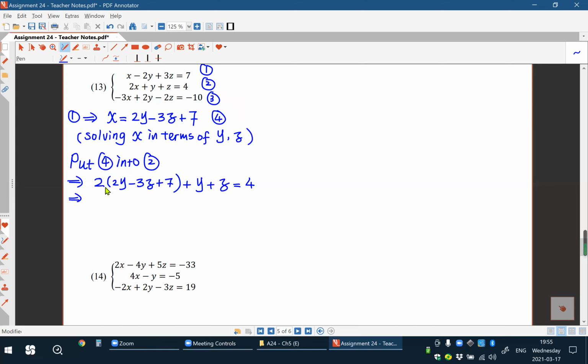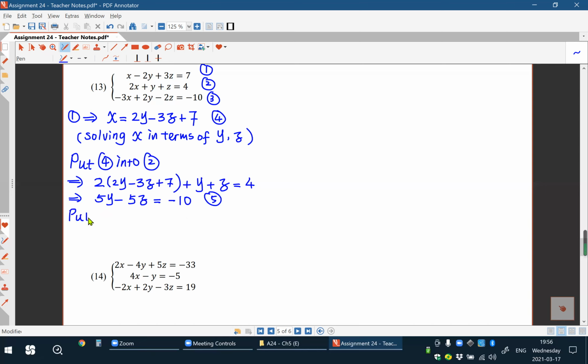Further simplified, 4y plus y is 5y, and minus 6z plus z gives you minus 5z. 2 times 7 is 14, so if you put 14 to the other side, you will get minus 10. In this way, you will get an equation with only 2 variables. Let's call this number 5.